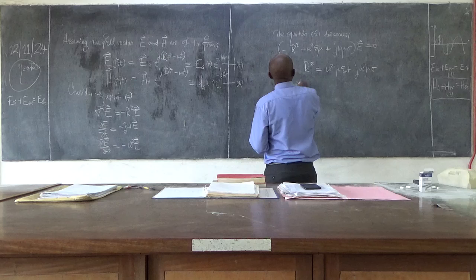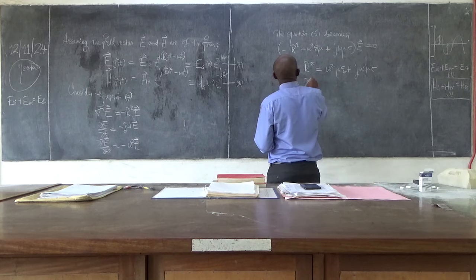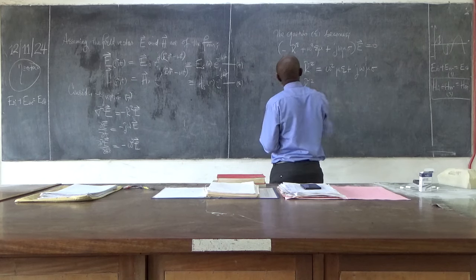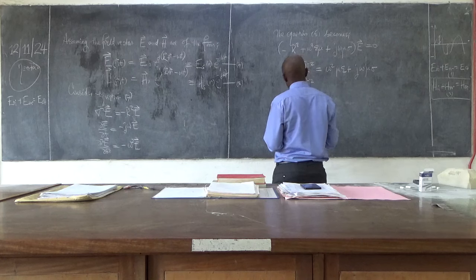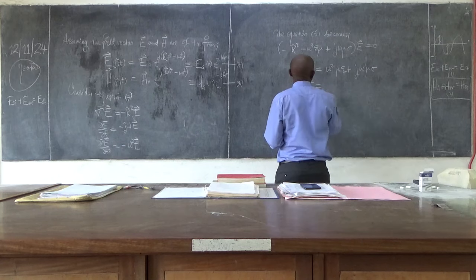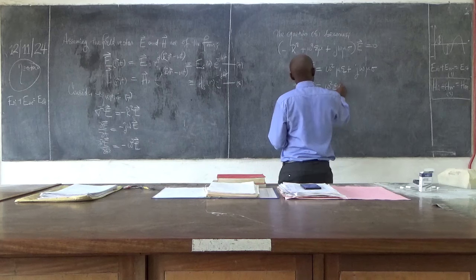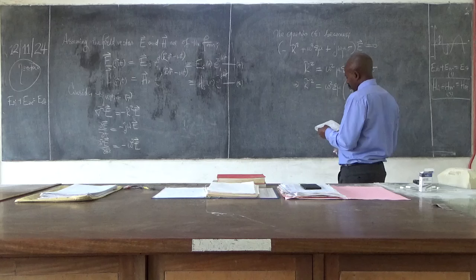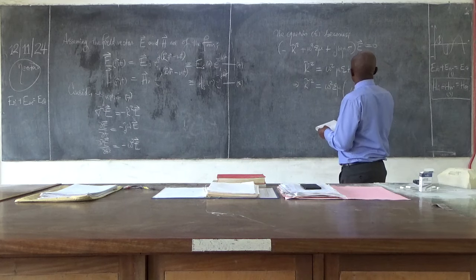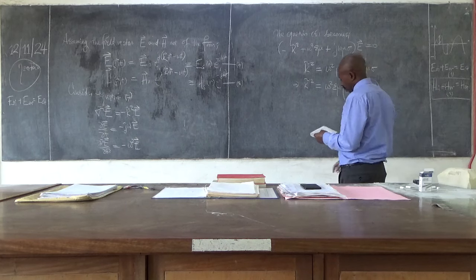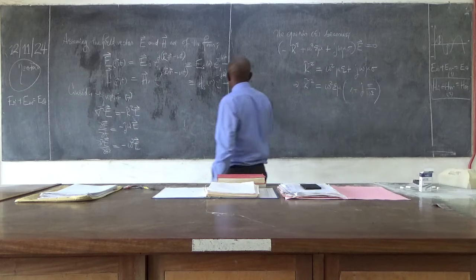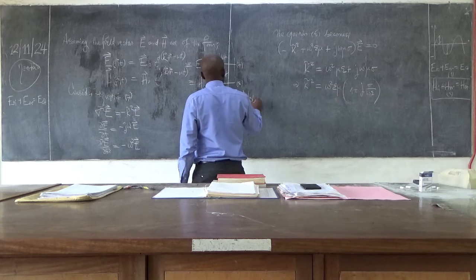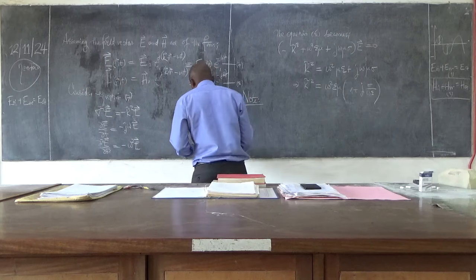implying that, how do you call this in mathematics? It is equal to ω²εμ times 1 plus jσ over ωε. And we have a few things to note about this expression.